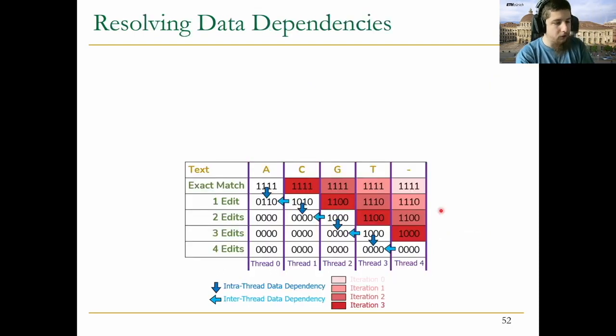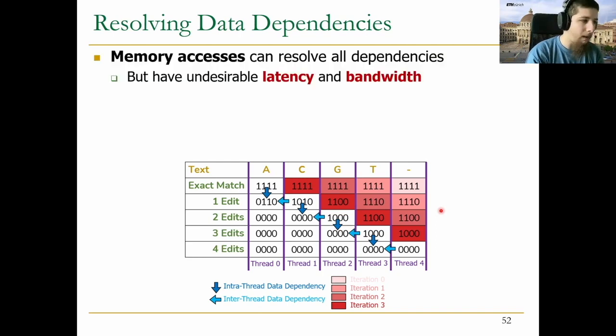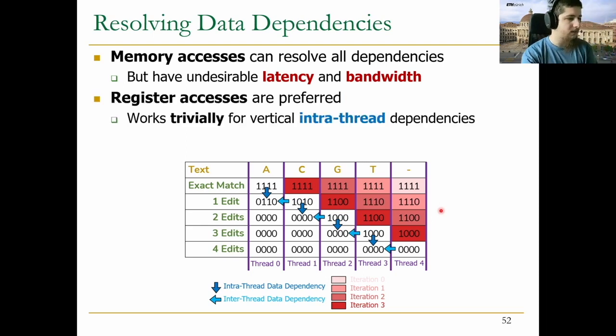So what we can do is do memory access all the time, but this is kind of undesirable because then we need to have every thread write to memory every time and read back from memory, and that's high latency, high bandwidth. It's really not optimal in any way. So register accesses would really be preferred, and this works trivially if the data stays within your own lane, right?